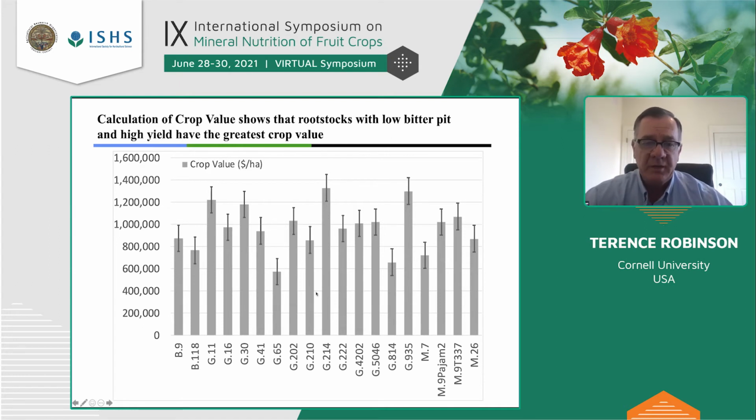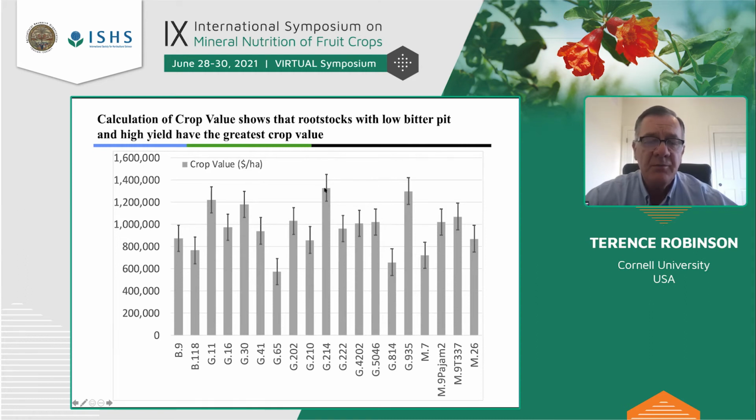But two other rootstocks in particular, and then several others in addition, had substantially higher yield with only modest amounts of bitter pit. I first point out Geneva 214, which is a rootstock that's slightly more vigorous than M9 and certainly more vigorous than B9, but it had some of the highest yield and only modest amounts of bitter pit.